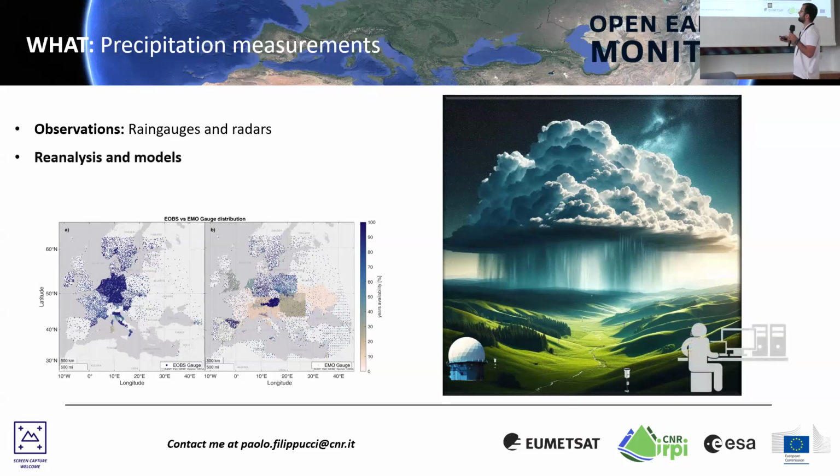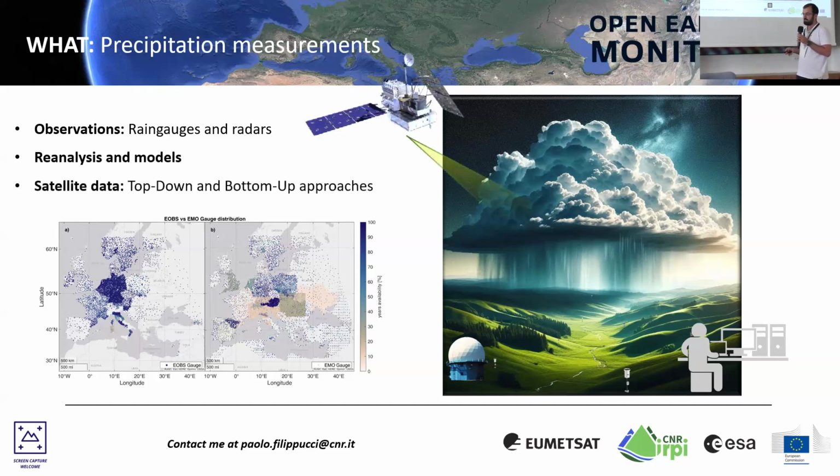One solution is clearly reanalysis and models, but they often lack observations to work with, so their output is subject to several uncertainties. And then we can help those data with the satellite. For satellite, we can distinguish between two approaches. One is the top-down approach, let's say, that infers precipitation information from the atmosphere, from the clouds, like IMERG later on, that was used in the previous product.